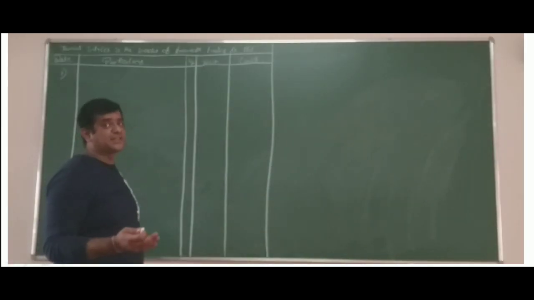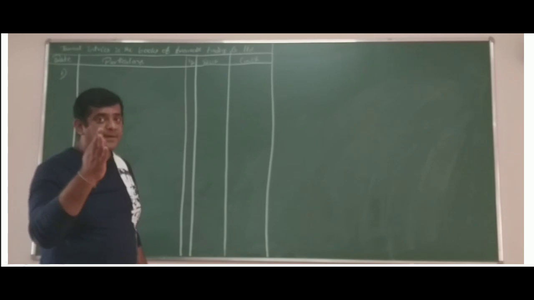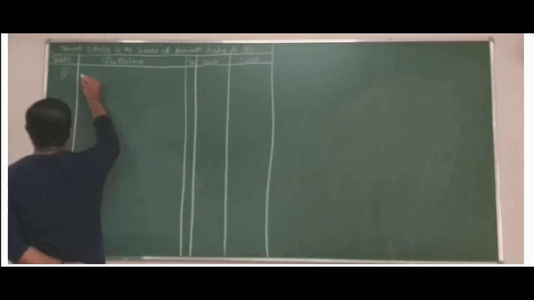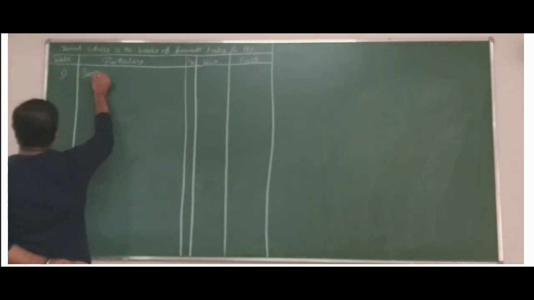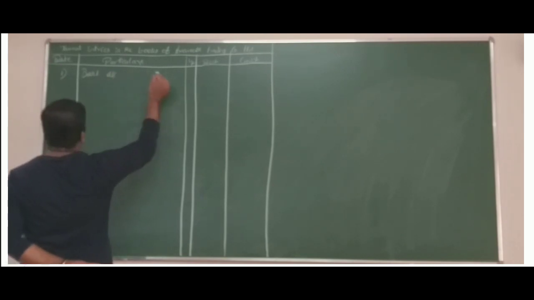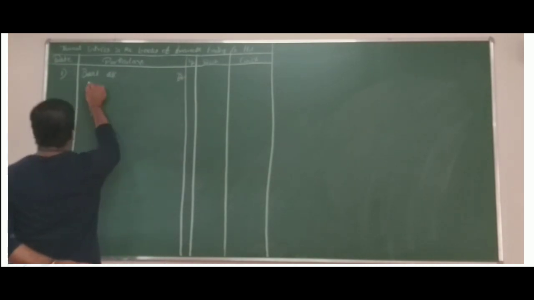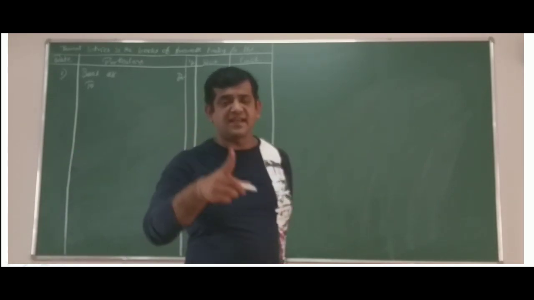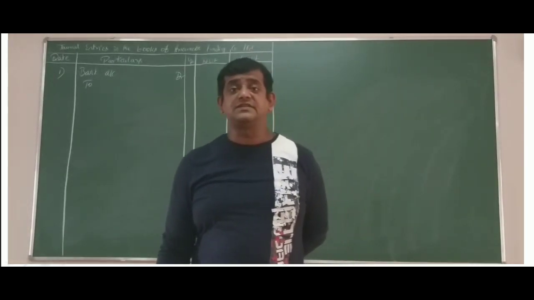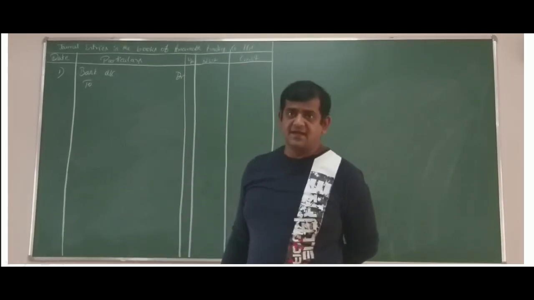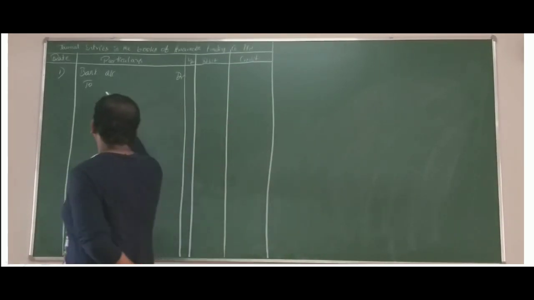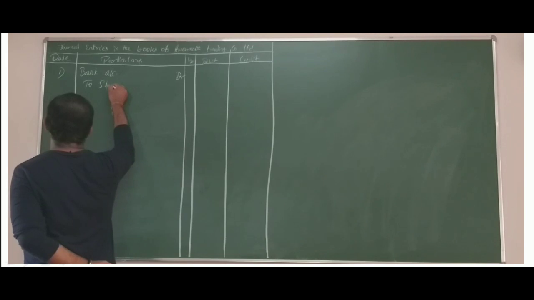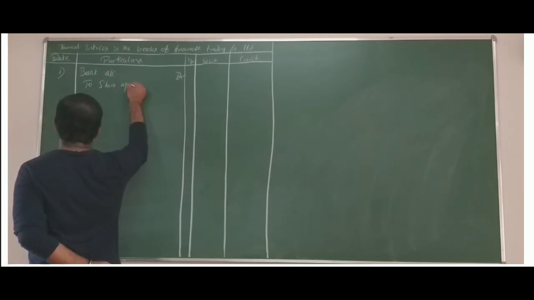Let us start the receiving entry. We are receiving the money from where? Bank. So take down bank account debit. Which money am I receiving? On the first line of your problem, that is share application money. Correct? So to share application account.